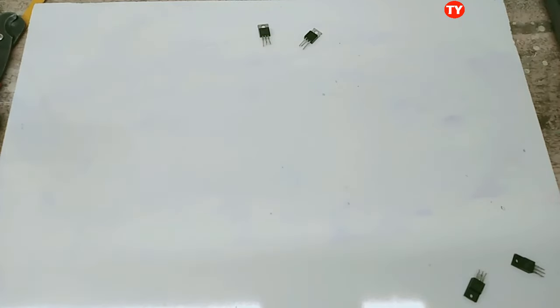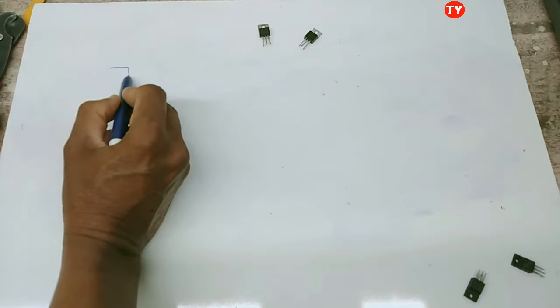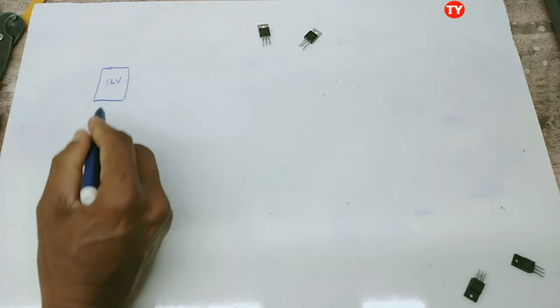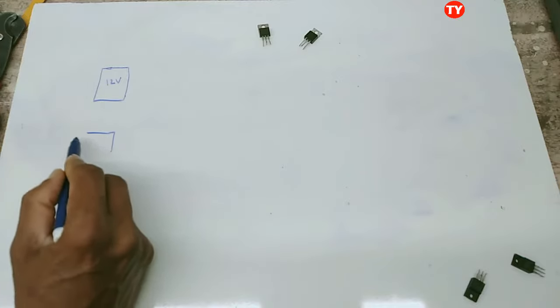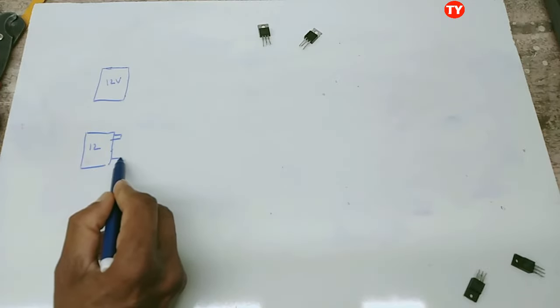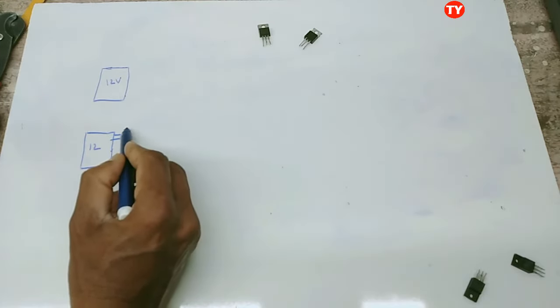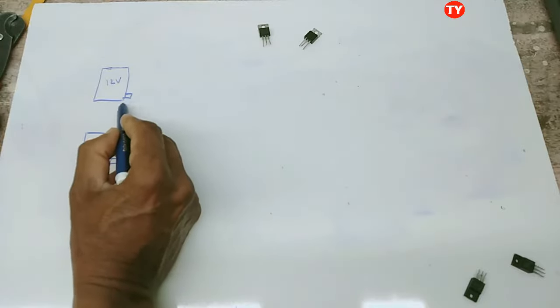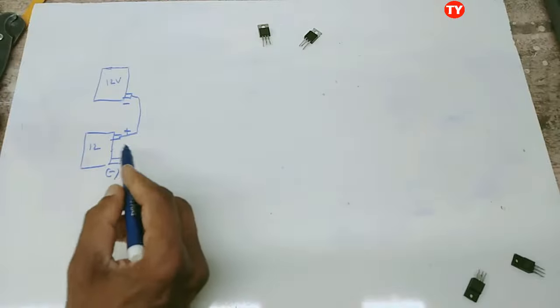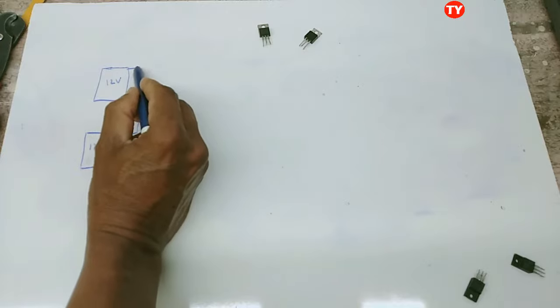By using batteries, how can we get dual supply? Here is 12 voltage battery, here is 12 voltage battery. This one positive, this one negative. Here we have to connect in series. Here this one is negative, this one positive.